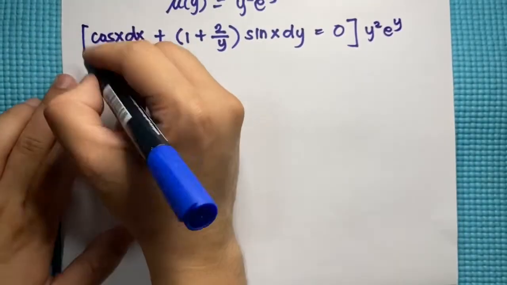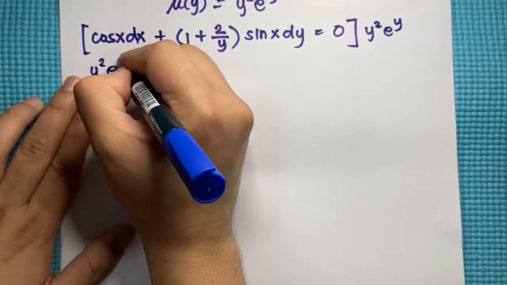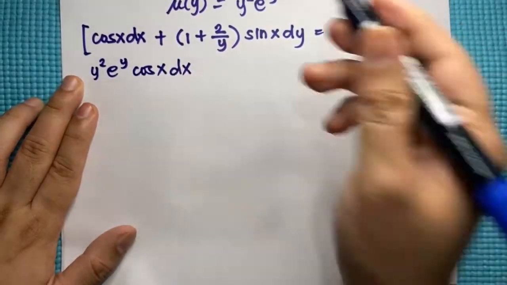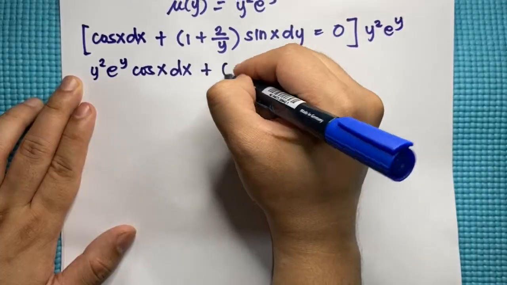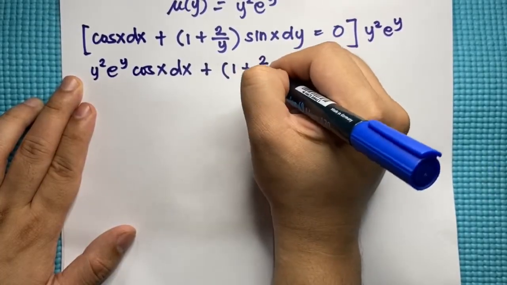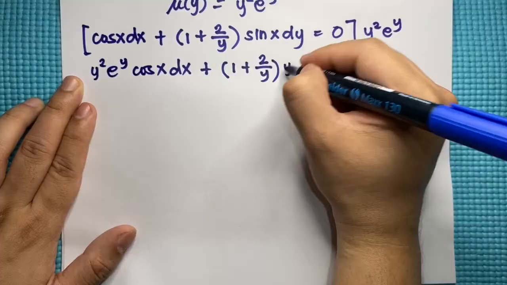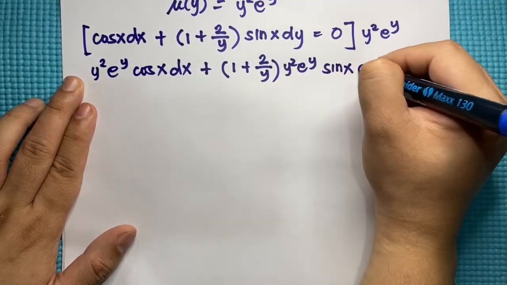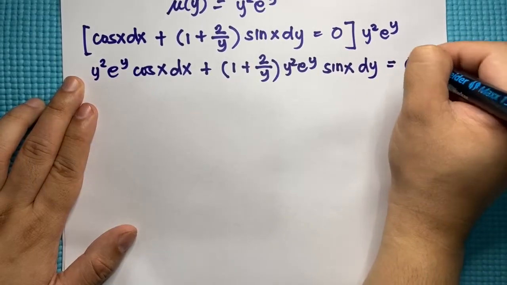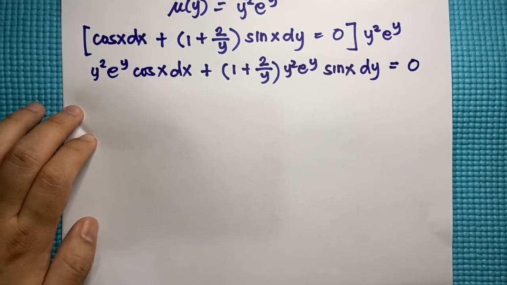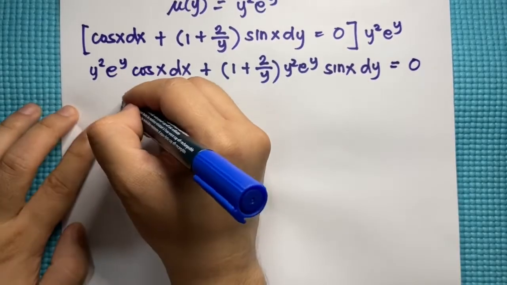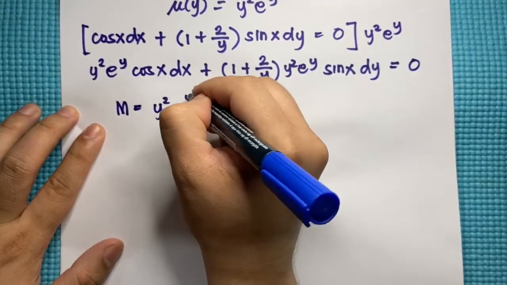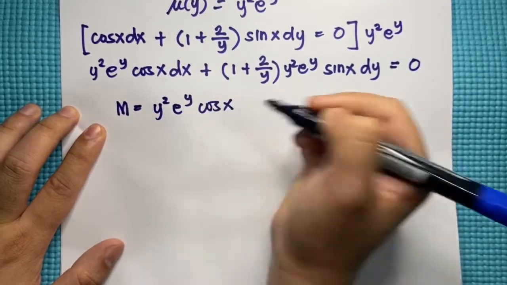This would give us y squared e raised to y cosine x dx plus 1 plus 2 all over y squared e raised to y sine x dy, that is equal to 0. So M here is equal to y squared e raised to y cosine x.